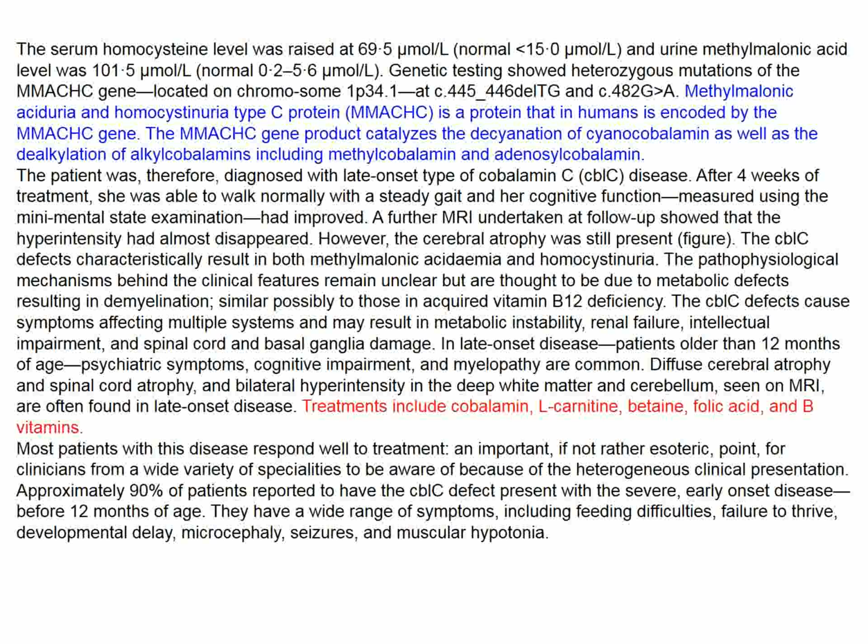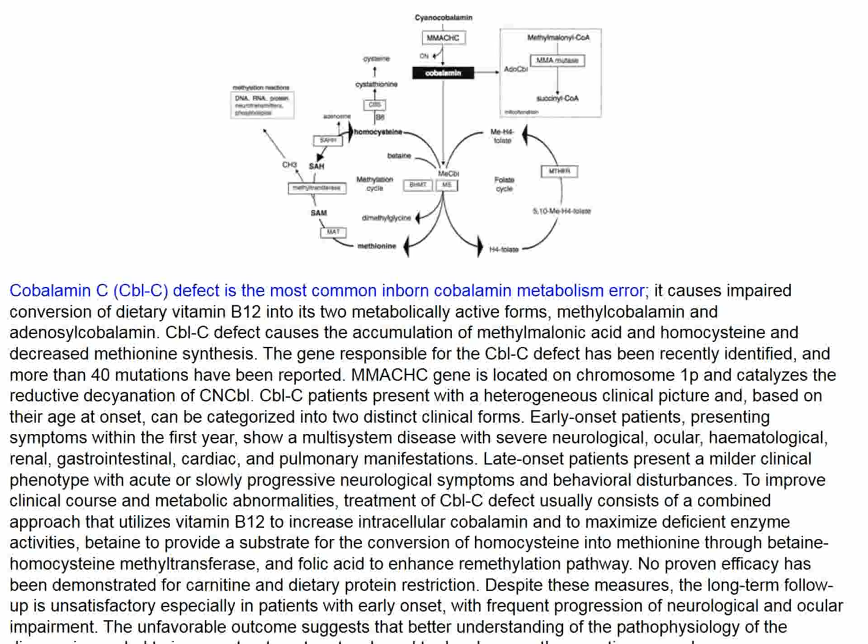She has late onset type cobalamin C disease, and there's a treatment for this, giving cobalamin, L-carnitine, betaine, folic acid, and vitamin B12 and other B vitamins is the strategy that's applied here, and the patient exhibited some improvement. And for your interest, I show you a schematic here of the metabolism of these various things involving not only this patient, but also the patient that we had in the New England Journal.